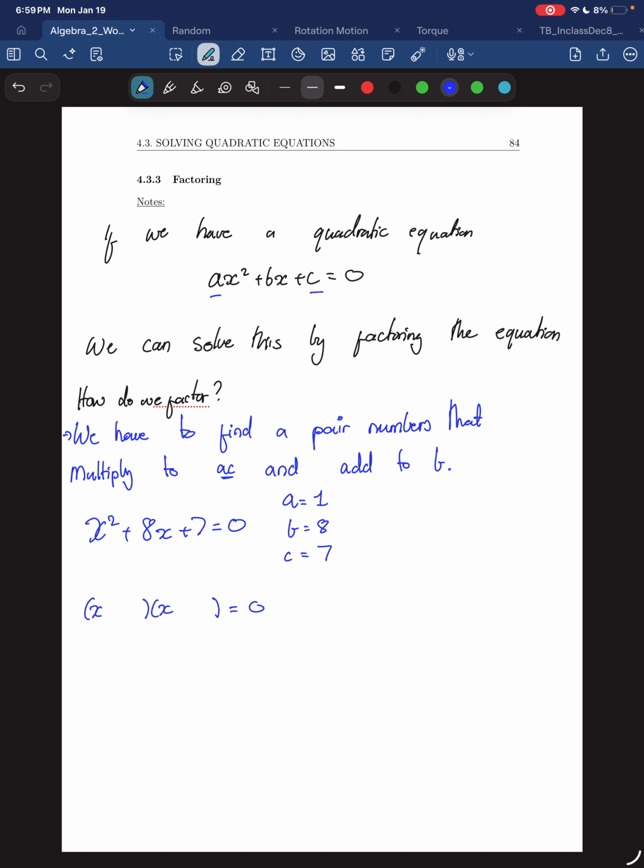Anyway, now to solve this equation, I have to find a pair of numbers that multiply to AC and add up to B. What's A times C? AC is the same thing as saying A times C. A times C is 7.